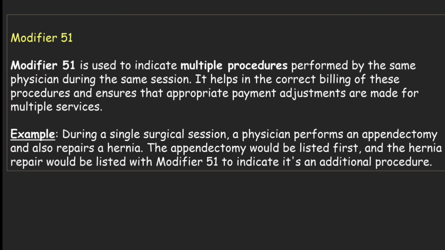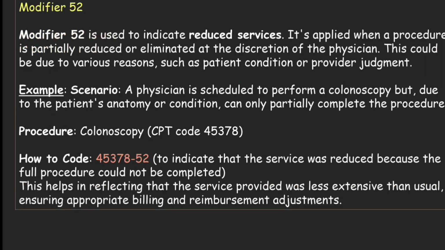Therefore, first we will code appendectomy and after that we will code hernia repair along with modifier 51. By appending modifier 51, it will be understood that there were multiple procedures performed by the same physician during the same session. Let us look at the keywords for modifier 51. The keywords are different procedure and separate from. You can write down the keywords in your CPT manual below each modifier.